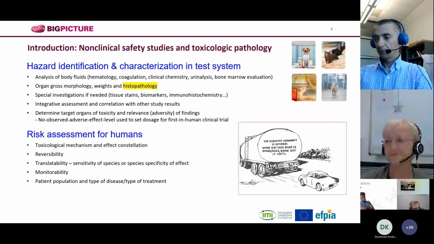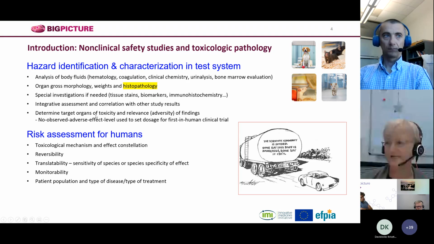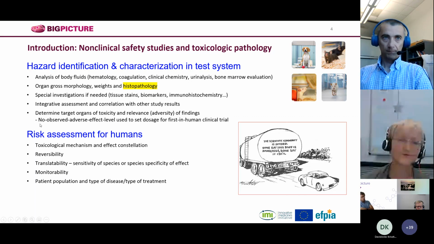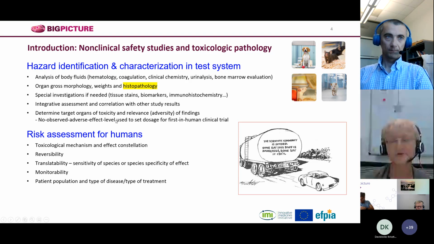The overall goal of such a non-clinical safety study is to determine target organs of toxicity in that given species and to assess the relevance of these findings, because they are used in order to determine a no observed adverse effect level, so a dosage in those non-clinical studies, which is then used with a calculation, with a formula to set the dosage for first studies that are run in humans.